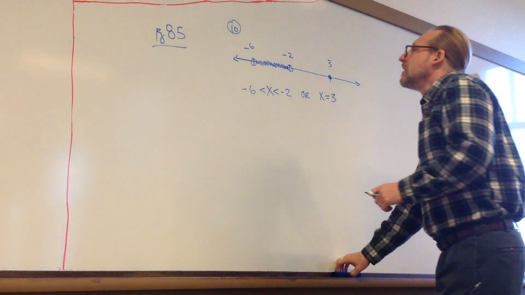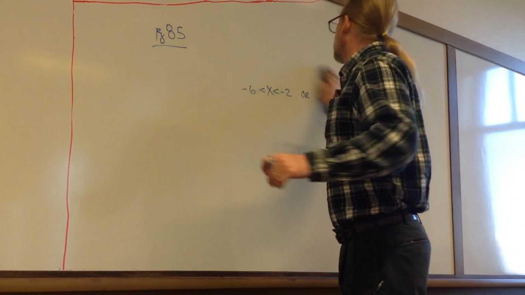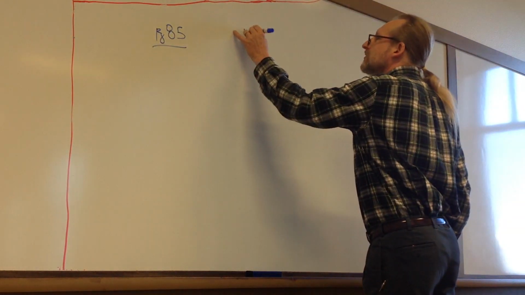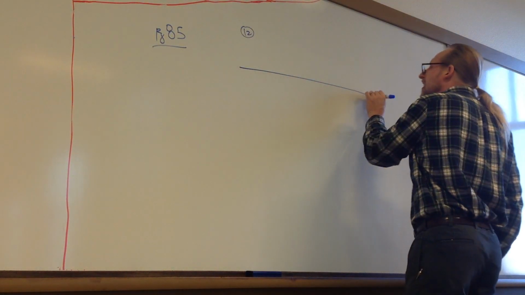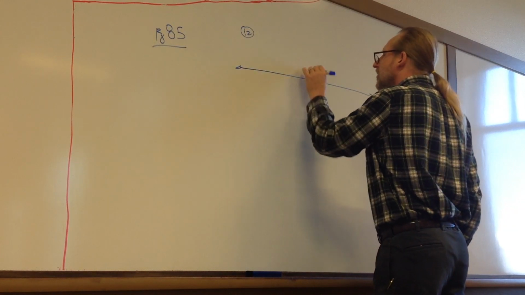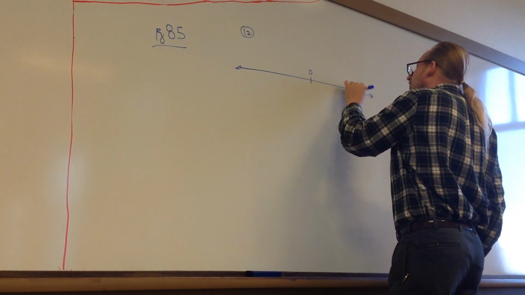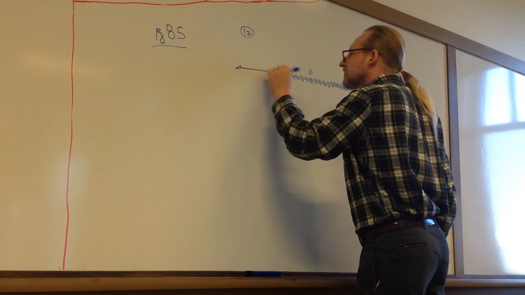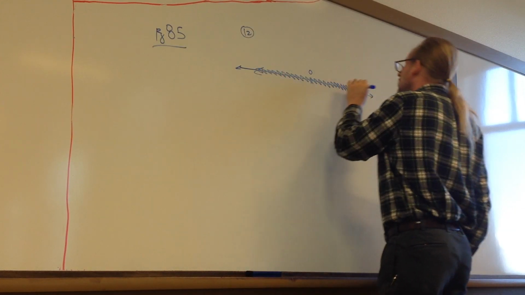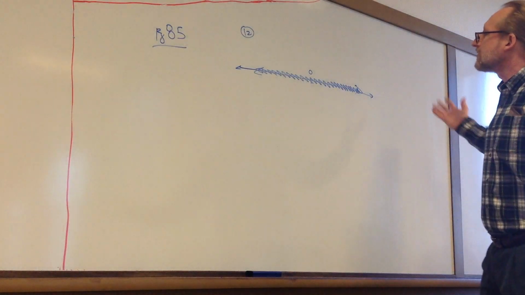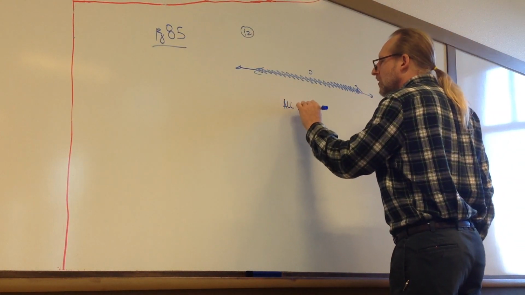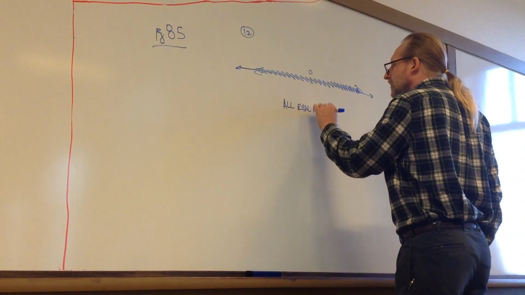Problem 12, well, let me just draw it. Problem 12 basically looks like this, with arrows on both ends. So this is all real numbers.